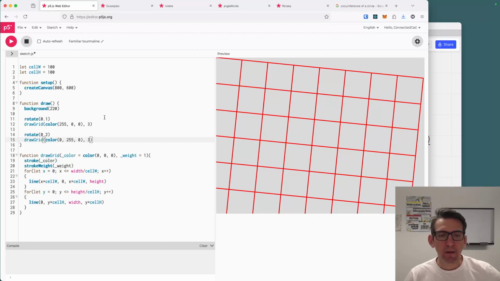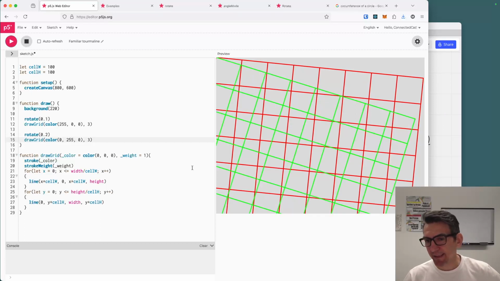Doesn't matter, right? So if we run it like that, you will notice that they were both moved by a slightly different amount. It was like the 2 degrees were applied not from the top, but from the red grid. So it rotated once, drew the red grid, and then rotated again and drew the green grid, right?